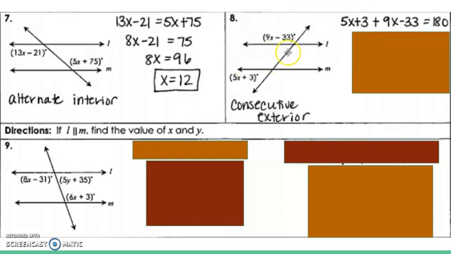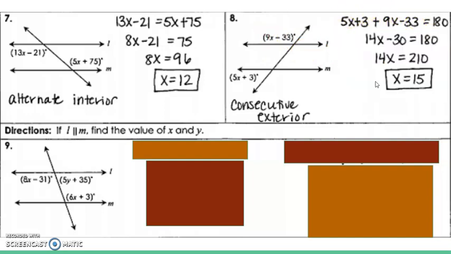When we do that, make sure that you keep the sign in between. So it's 9x minus 33 for one part, and then 5x plus 3 for another. And then when we solve, we find that x equals 5. Those 8 examples were focusing on just finding a single variable, so finding our x.